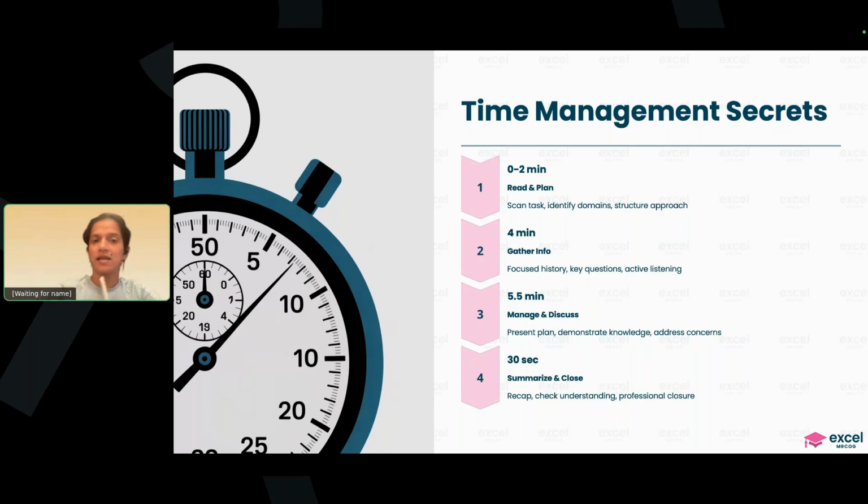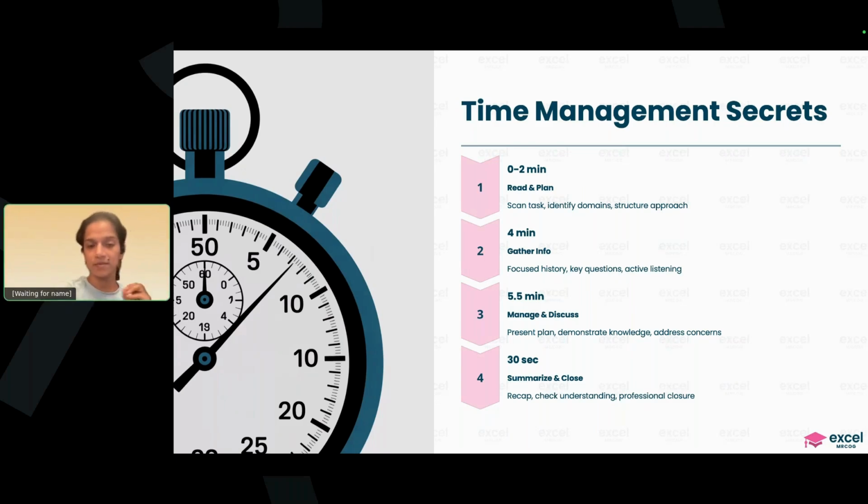Make it a habit now itself: you're looking at the patient, but at the same time you're writing BMI 30 in big bold letters, so that later when you're doing the management, you glance through what you have written in the notepad. That practice has to happen now. Otherwise, in the exam, you will not even be looking at the notepad. If you practice in that manner, you will be able to pick up on things.